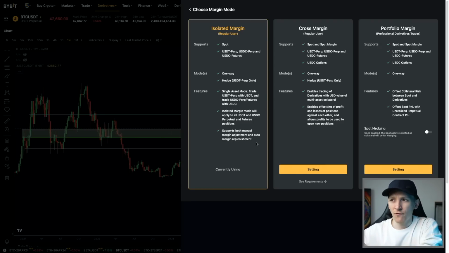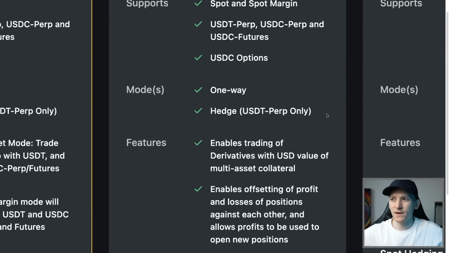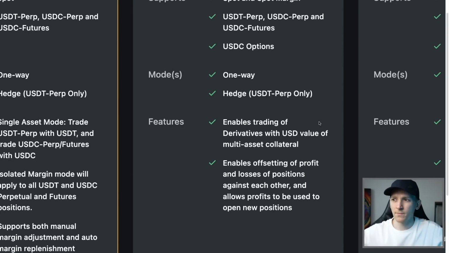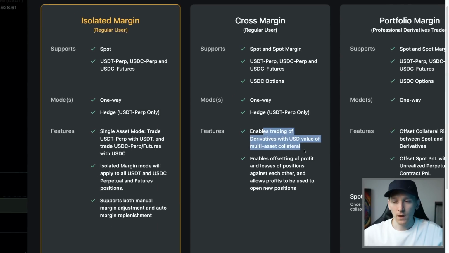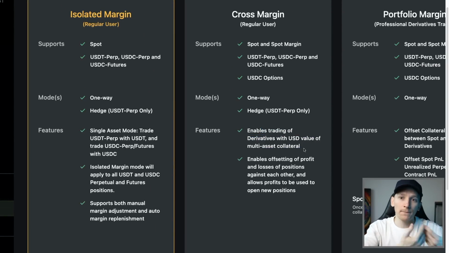Cross margin mode. This goes a little bit further where, as you can see here, you can use different types of collateral to fund your trades. So it enables trading of derivatives with USD value of multi-asset collateral. So for example, you can put Bitcoin and Ethereum into your unified trading account, and the dollar value of that, which obviously fluctuates, but the dollar value of that is used to fund positions.